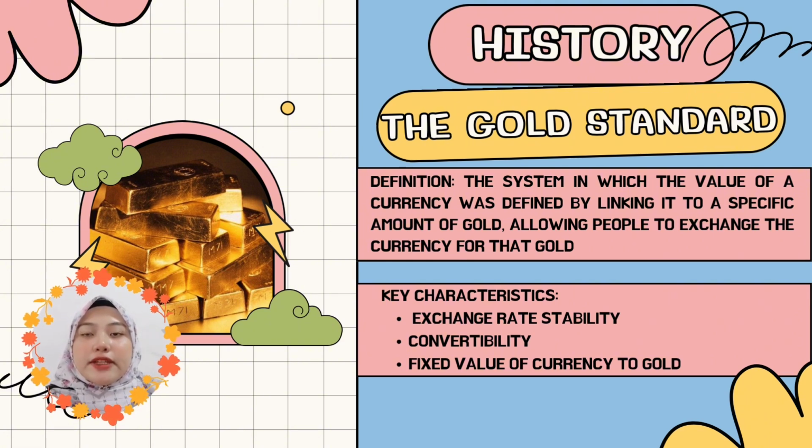This gave people confidence in their money. Third, fixed value of currency to gold. Unlike today's fluctuating currencies, the value of money was set so there were no sudden changes in value or exchange rates. While the gold standard worked for a long time, it wasn't without challenges, which we will discuss in the next slide.